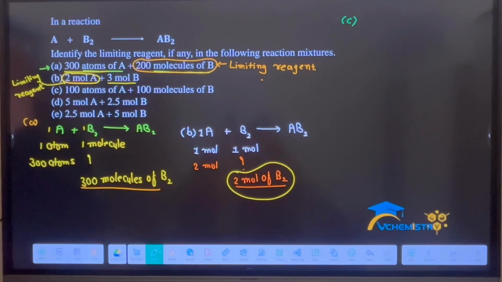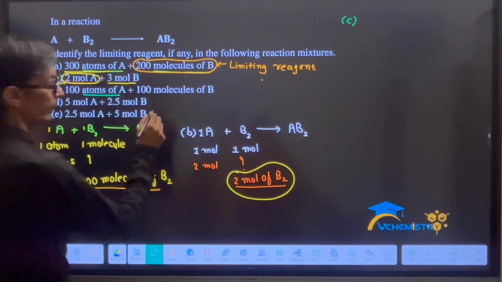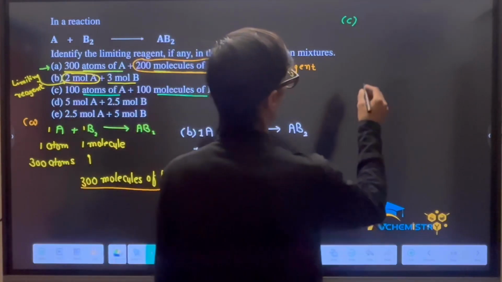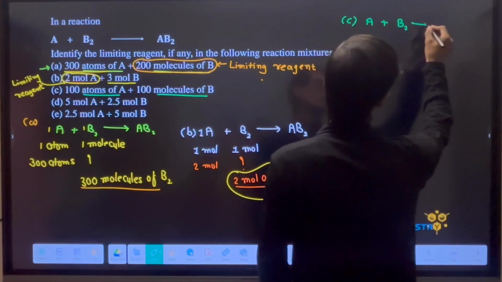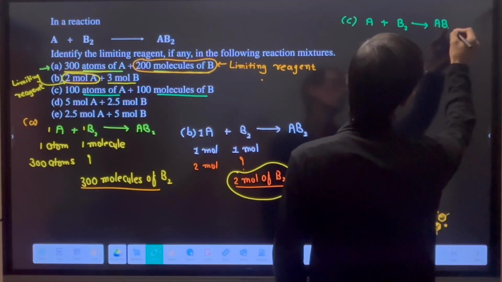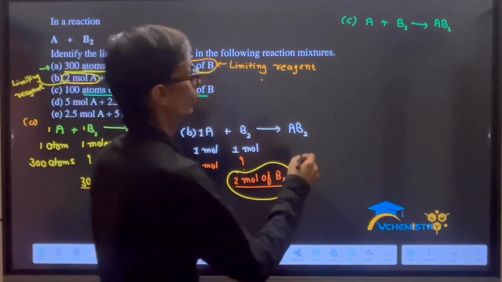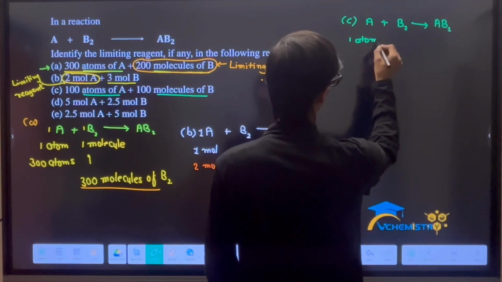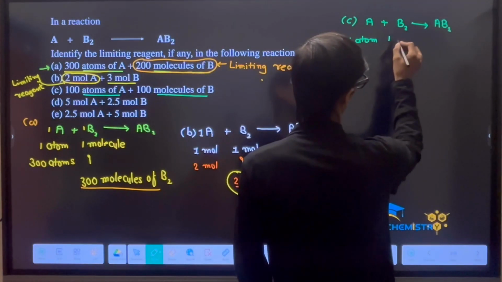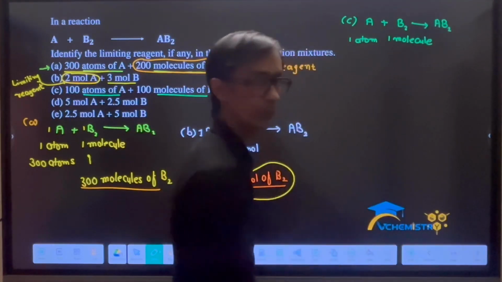Okay, now third one, C. 100 atoms of A and 100 molecules of B, with respect to atom A and molecules B. So A plus B2 gives AB2. Once again we will write the ideal statement with respect to atom for A and with respect to molecule for B. So one atom of A reacts with one molecule of B2.